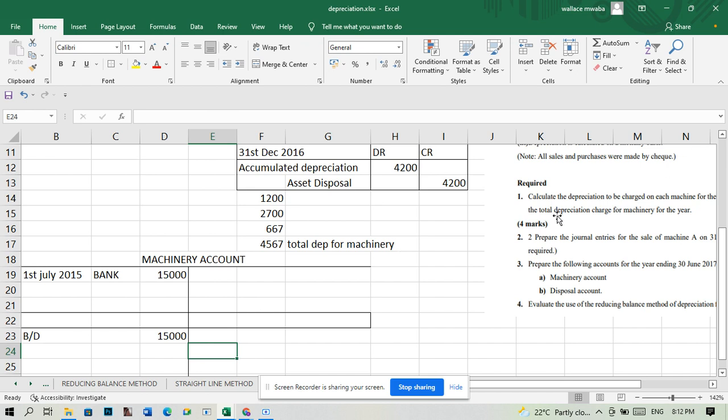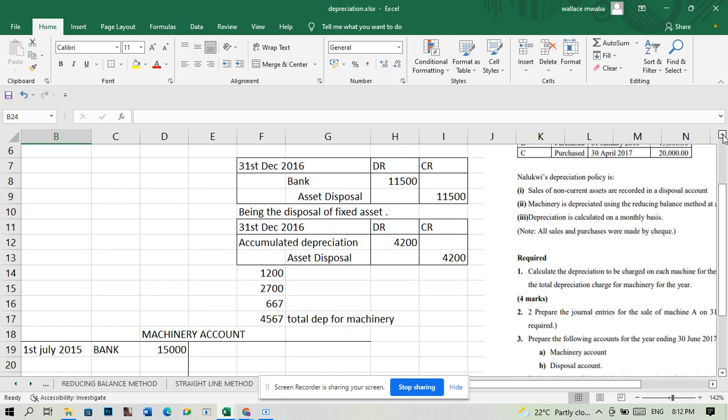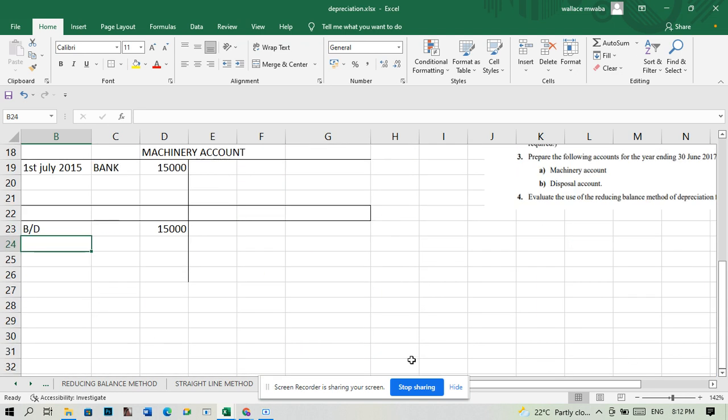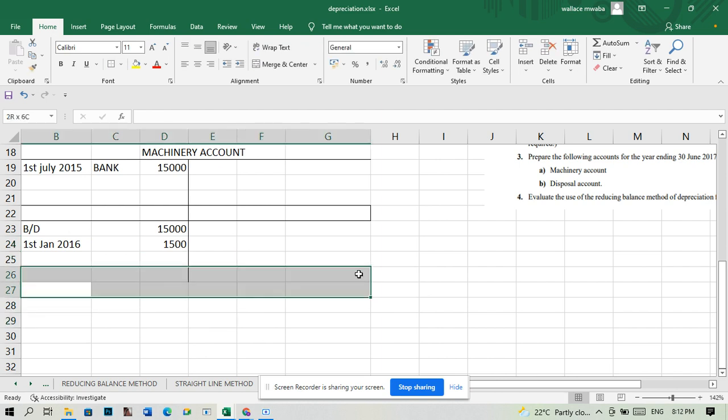And we bought machine B. That was on 1st January 2016, machine B, 10,000.